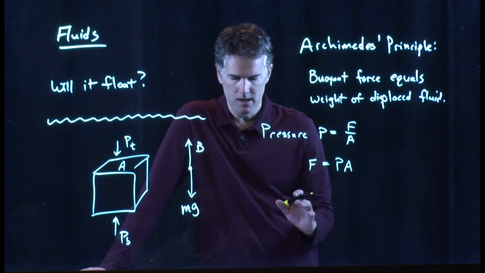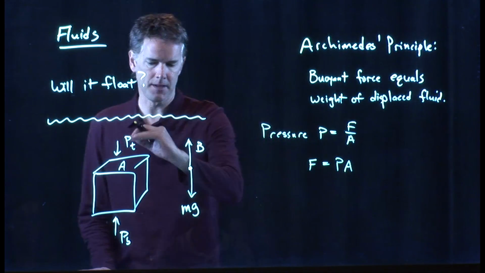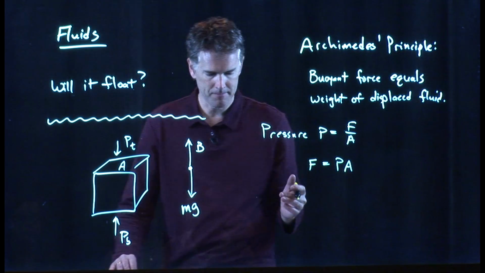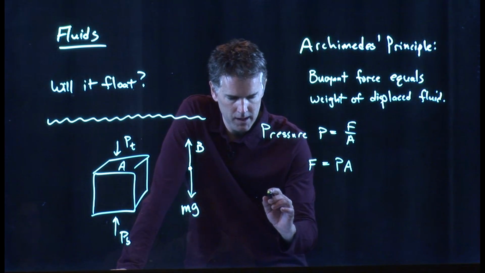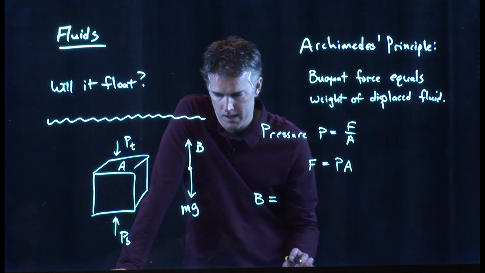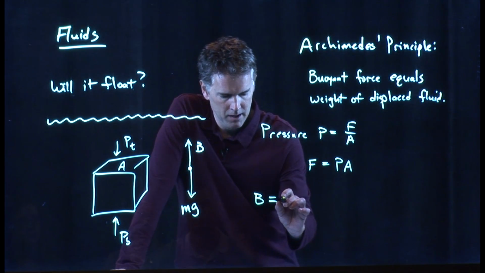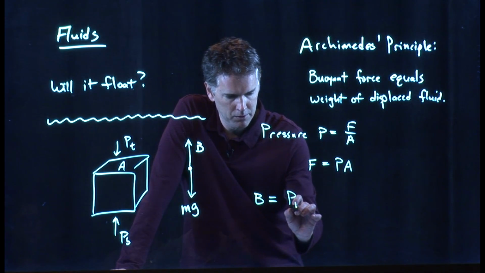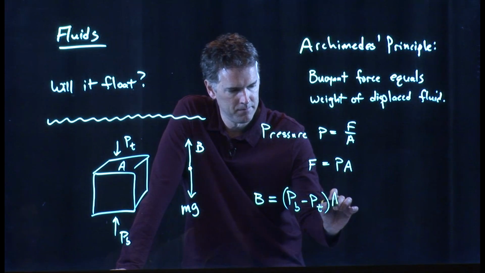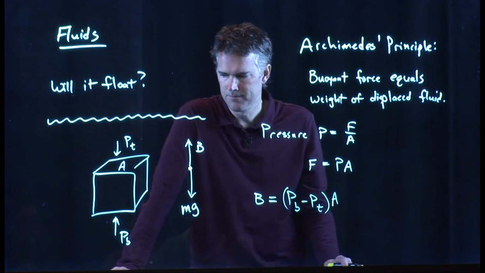And if I think about these pressures at the top of the box and the bottom of the box, what can we say? Well, we know that the buoyant force has got to be equal to mg if this whole thing is at rest, but it's also equal to the difference between the pressure at the top and the pressure at the bottom.